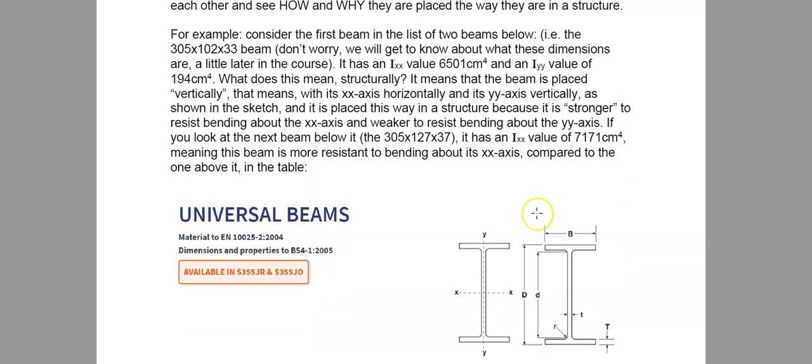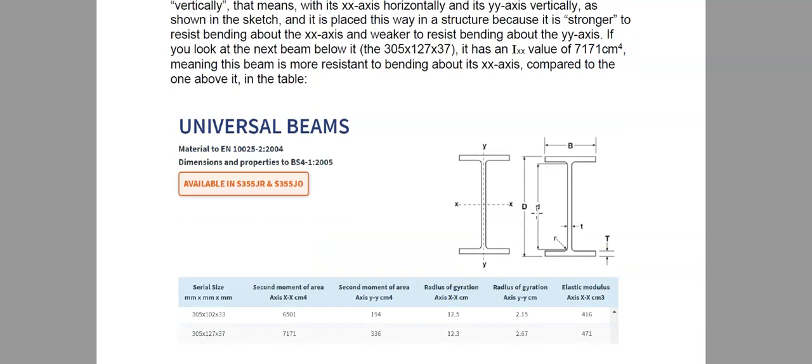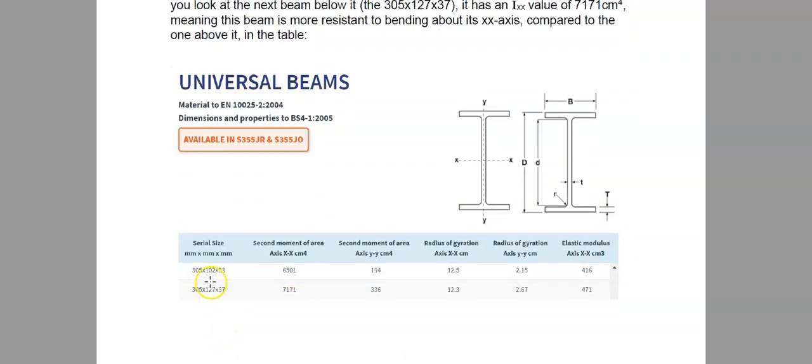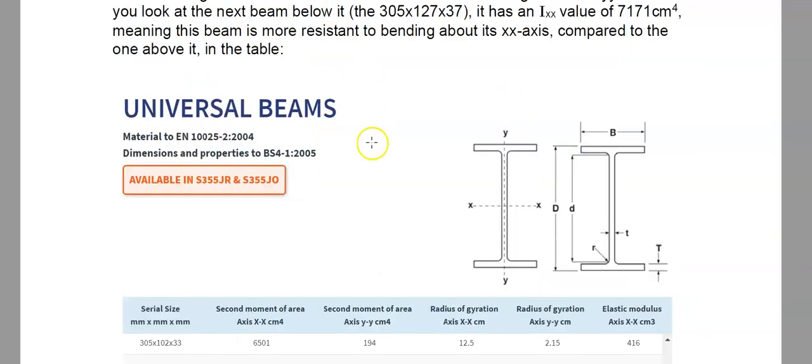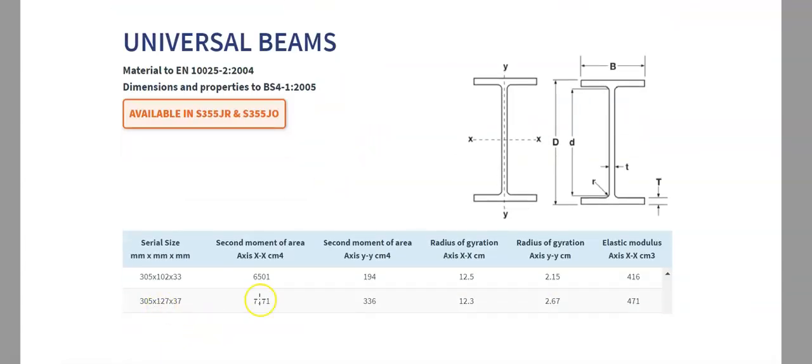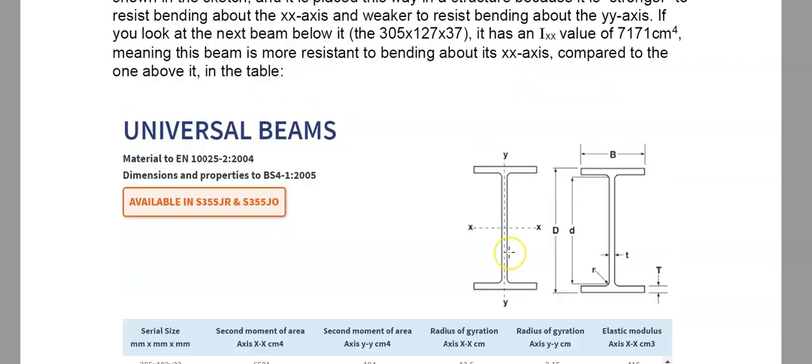For example, consider the first beam in the list of the two beams below. There's two beams in the table there. The one is called a 305 by 102 by 33. I'll explain this as we go along later. And the other one is a 305 by 127 by 37.